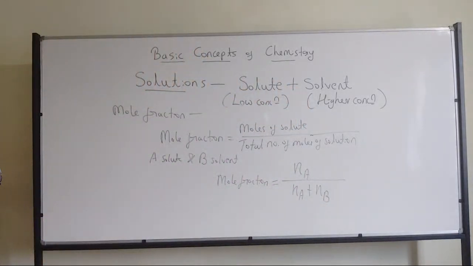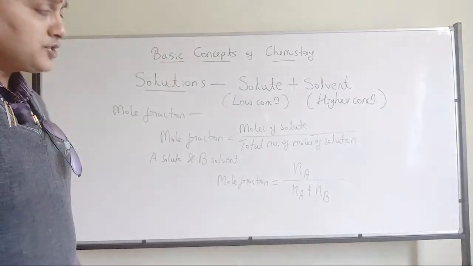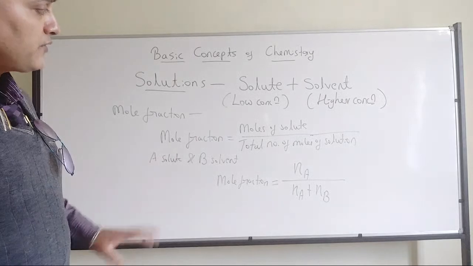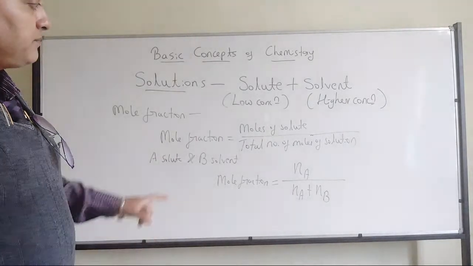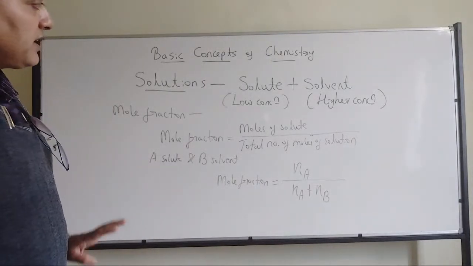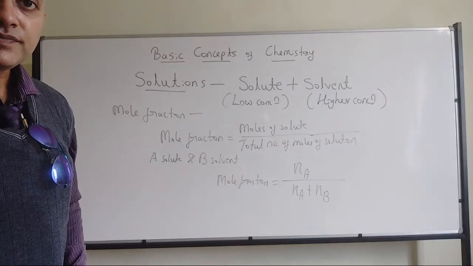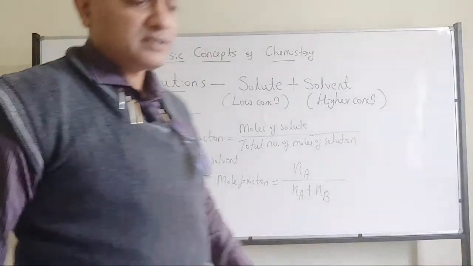So that's where we have the equation. Mole fraction where A is the solute and B is the solvent. And nu A is nothing but number of moles of A. Nu B is nothing but number of moles of B. So that's where we are going to find the mole fraction of a given solute in a solution. Same as that of the mass percentage.